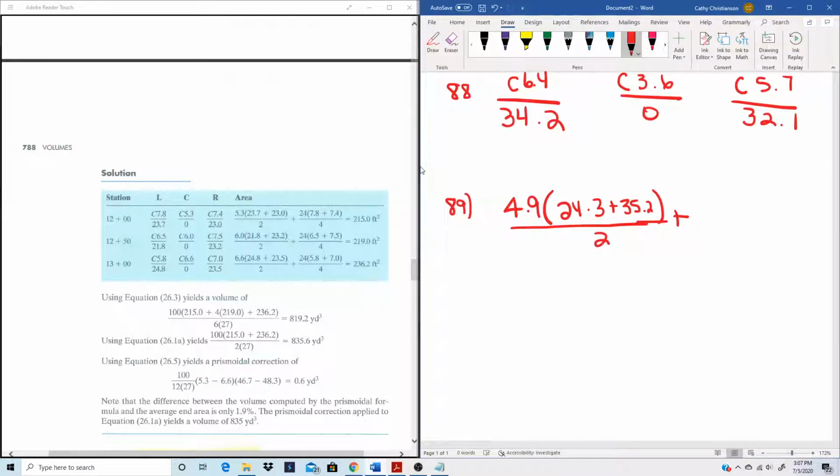Plus my base, which was given, it's 30. Height left and right, 7.8 and 7.4, divided by 4.